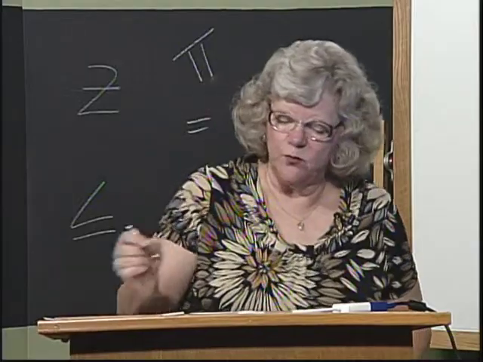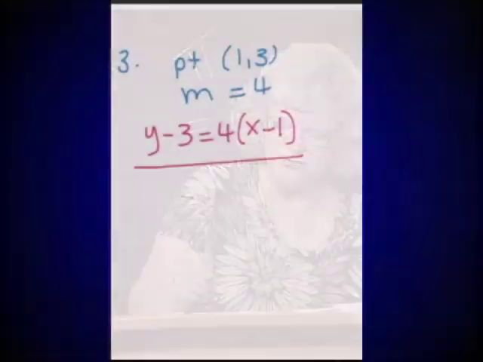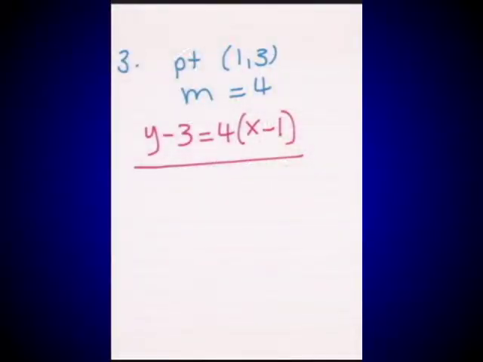Okay, solving for y, we're going to first of all use the distributive property. So we have y minus 3 equals 4x minus 4. And if I want to solve this for y, then I need y by itself.